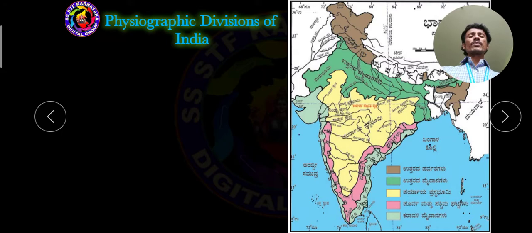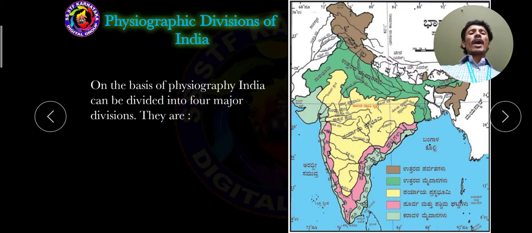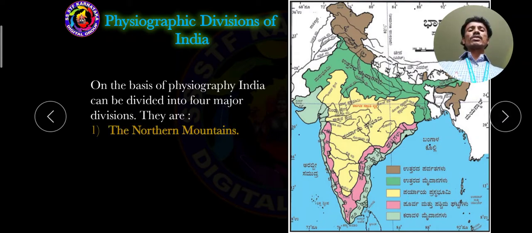Then dear students, the overall physiographic divisions of India have to be divided into 4 major divisions. On the basis of physiography, India can be divided into 4 major divisions, 4 major parts. The first one is the northern mountains.